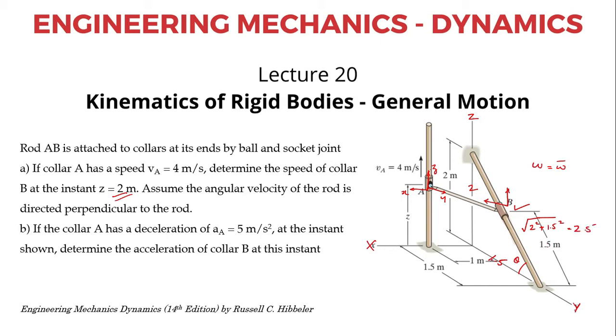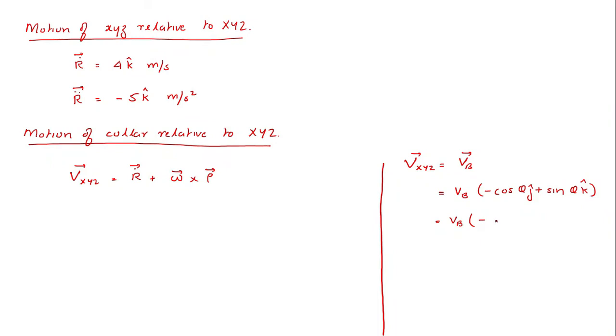So cos theta will be 1.5 divided by 2.5 and sin theta will be 2 divided by 2.5. So minus cos theta, 1.5 divided by 2.5 j cap, plus sin theta, 2 divided by 2.5 into k cap. This is the corresponding V capital XYZ, or we can say the VB vector.